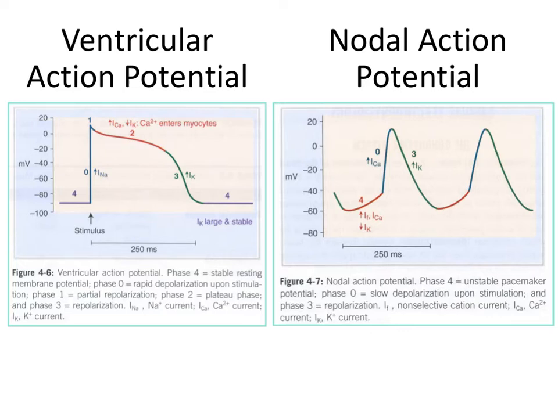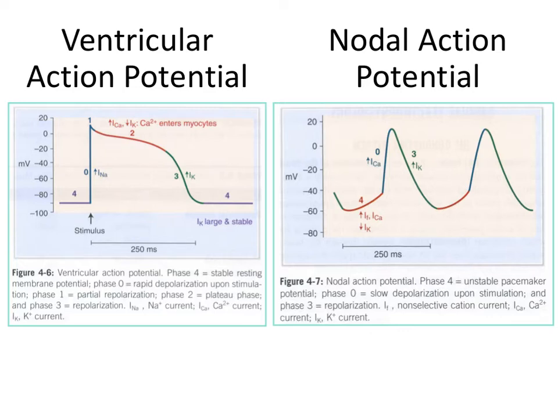Now, the way that the action potential, or the electricity, is transmitted in the electrical conducting system is different from the ventricular action potential, or the ventricular tissues. How are they different?